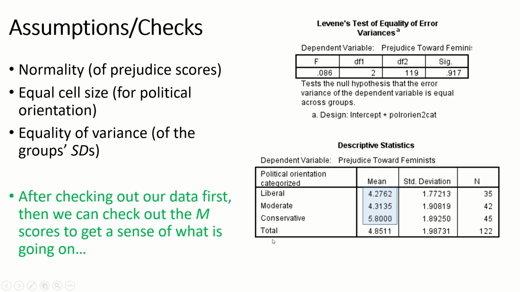And you may also be thinking, well, can't we use this total down here? No, this total standard deviation is calculated with the entire sample. Here, SPSS has calculated the standard deviation for each group, and from here we're going to calculate a weighted average. So you can't use the total here either.